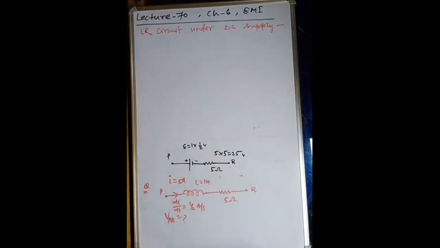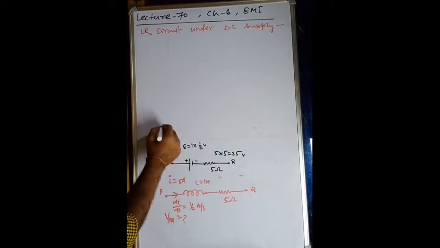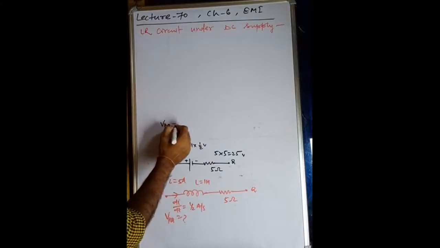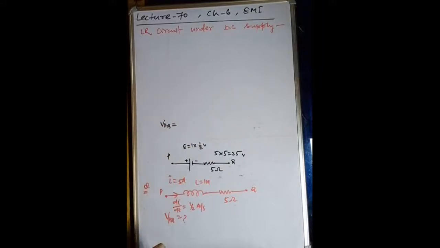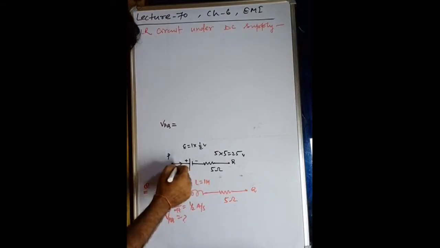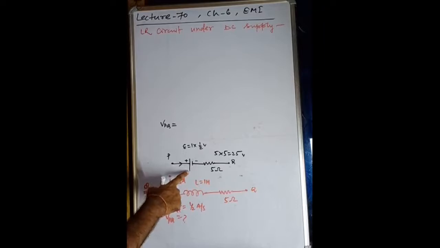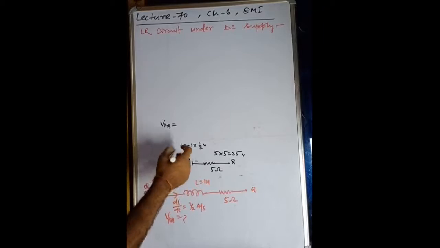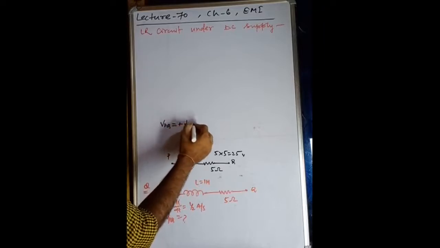Now, it's time to write the proper equation for VPQ, the same way we discussed in Kirchhoff's law, to write the proper sign. If we are moving here, the current is moving in this direction, and we reach the positive terminal, so the voltage will be positive over here. It is plus 1 by 2.